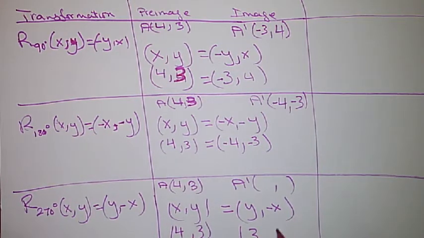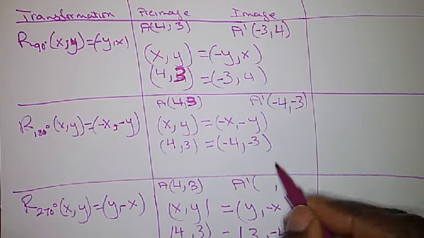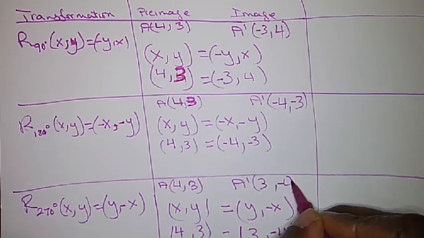But remember, this is my new y value. It's my x coordinate in the beginning, but it's my new y value. So the image of 4, 3 under the rotation of 270 degrees is 3, negative 4.